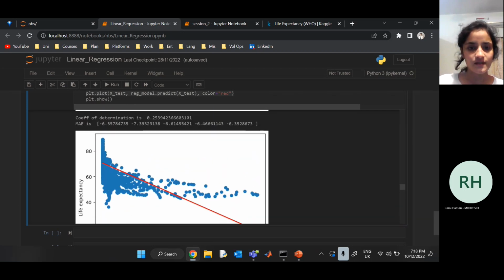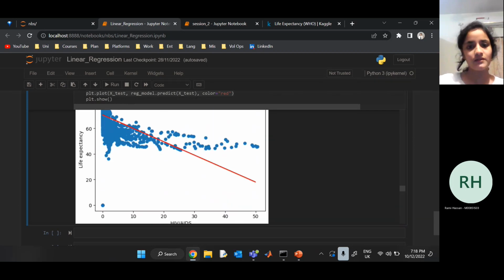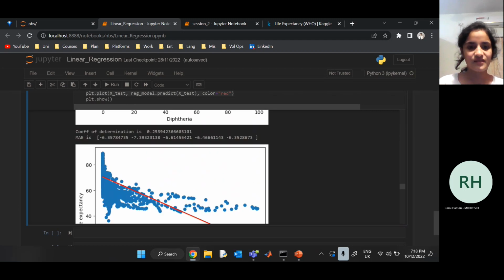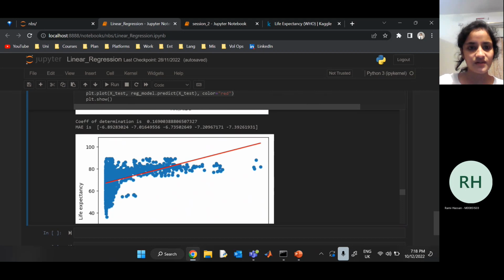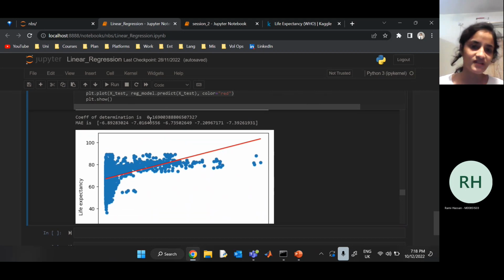Then HIV and AIDS, our line clearly has a shape. So our correlation is 0.25, better, and errors around 6. Then here, nothing much, I think. Okay, 0.16 and errors are 6 and 7.